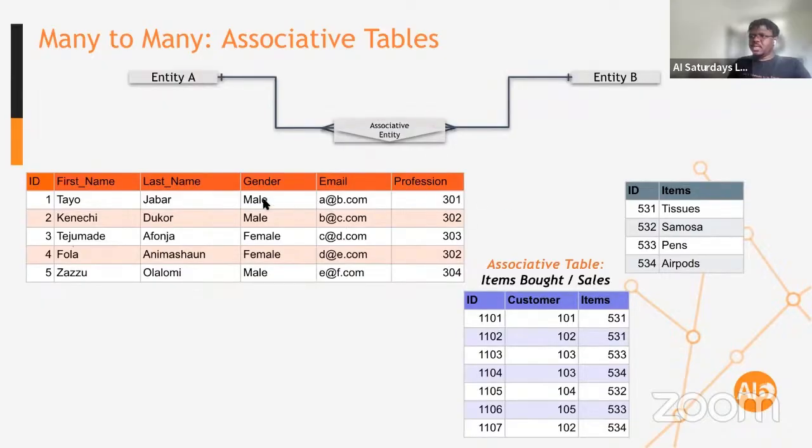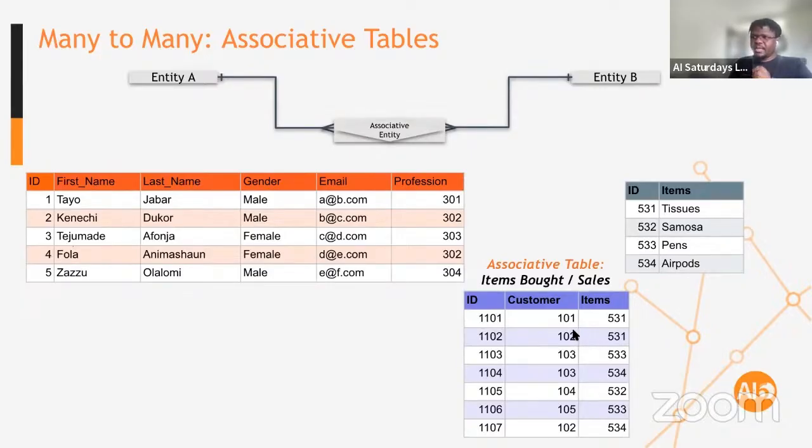To move forward, the customers and items table. Now, our associative table here is going to be an items bought table or a sales table where we hold information about the customer and the items they have purchased. Keep in mind, you notice that this table looks like a table for only codes.